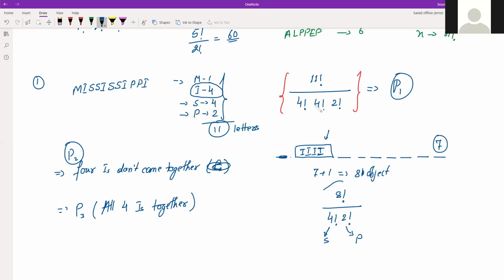Now these are those arrangements in which all the 4 I's are together, and these are the total arrangements. So what will be P2? P2 will be P1 minus P3. That's all.